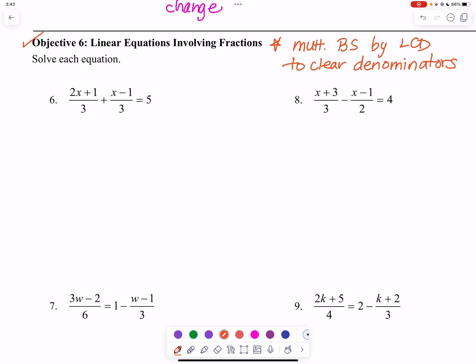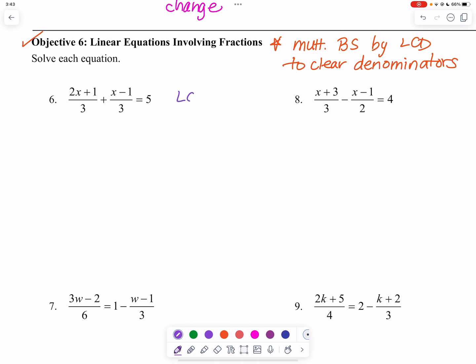So looking at number 6, our LCD is equal to 3. So we are going to multiply every term by a 3.